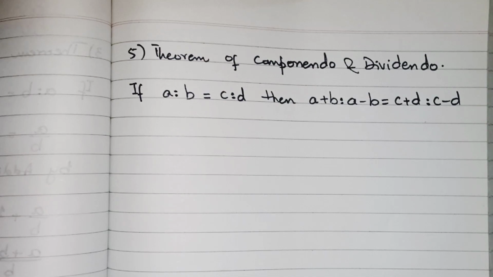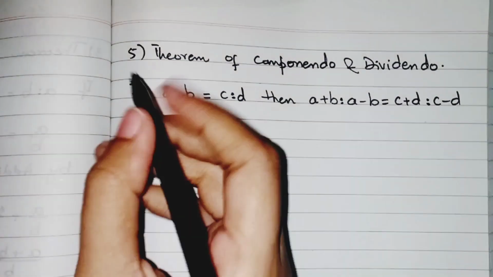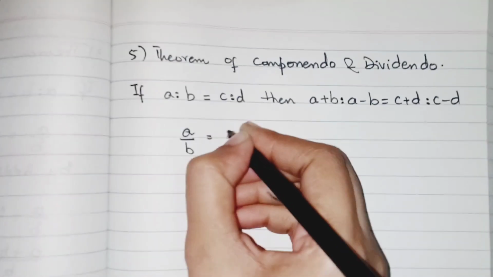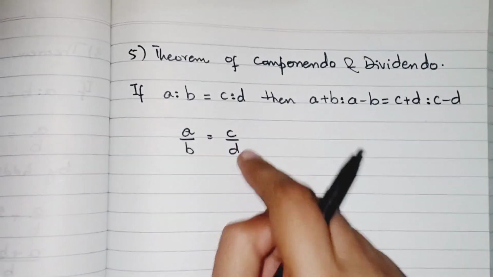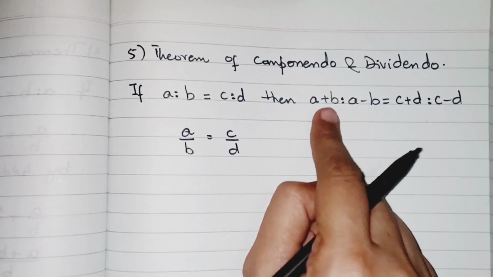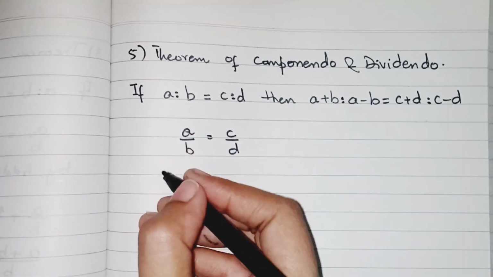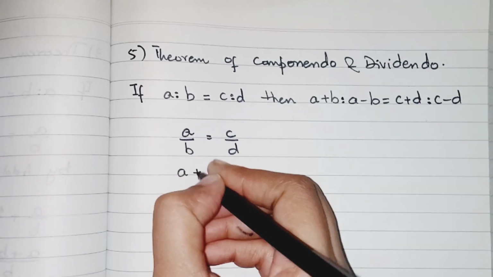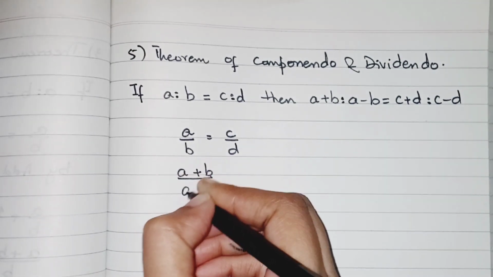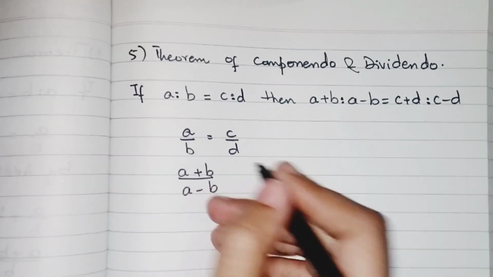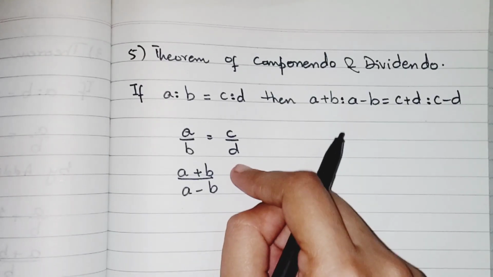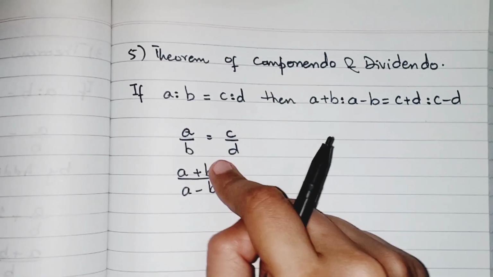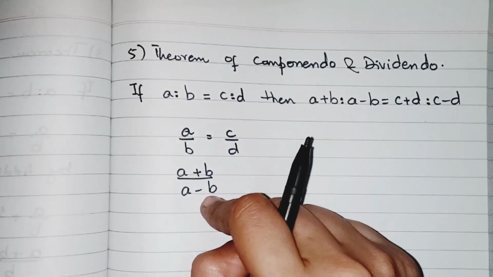So what they are doing here, writing it in fractional form, A upon B is equal to C upon D. To make it in this form, we add the denominator to the numerator, which is A plus B, and then subtract the denominator from the numerator. As we learned before, in componendo they are added and in dividendo they are subtracted.